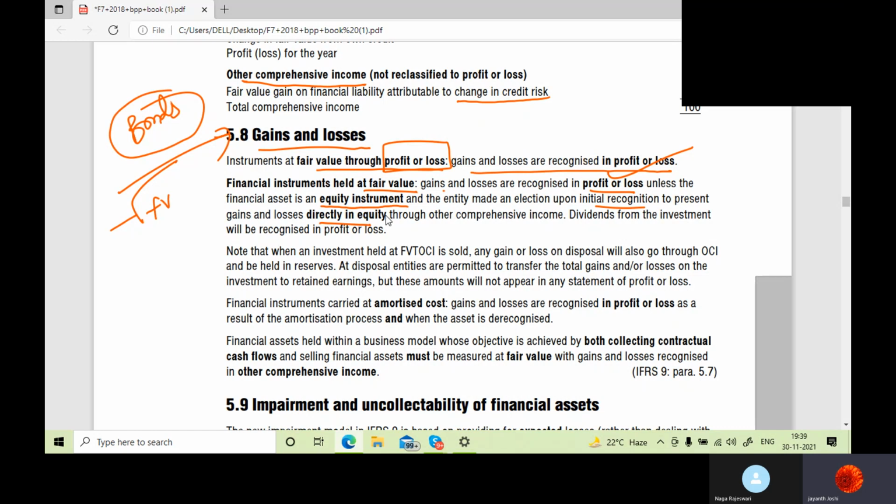If they have already chosen that they will always show the gains and losses in OCI, then they will do that in OCI only. It is up to the company what they choose to do.